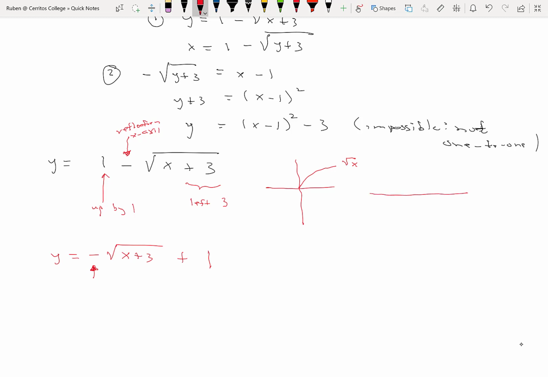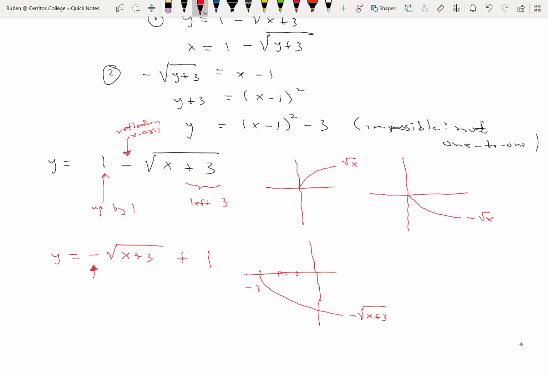If we reflect it across the x-axis, we get y equals negative square root of x. If we shift that function to the left by 3, we get y equals negative square root of x plus 3.